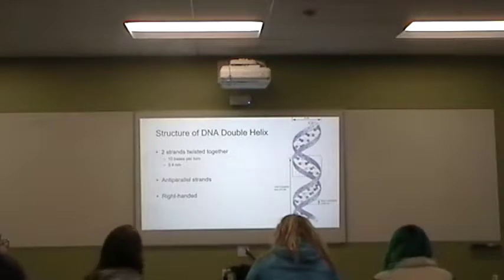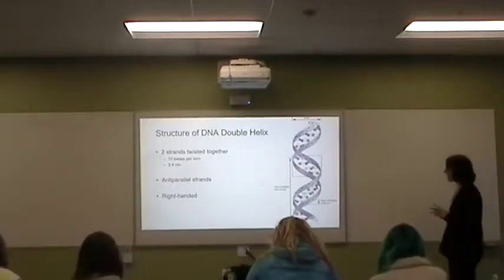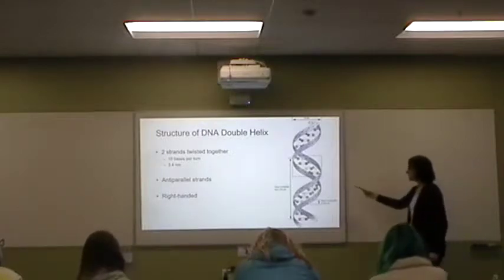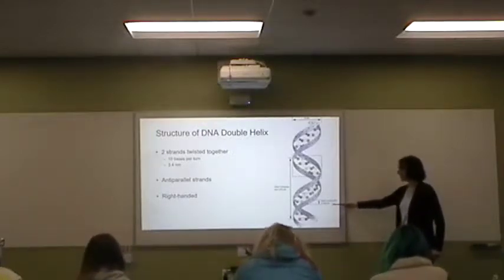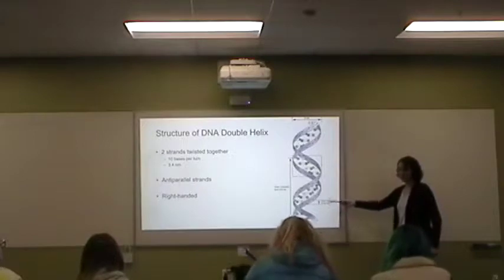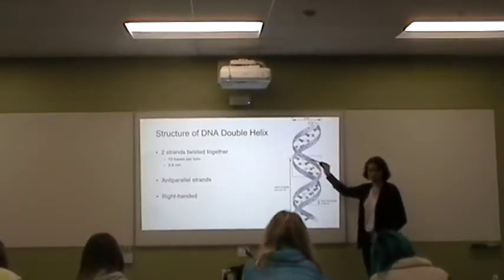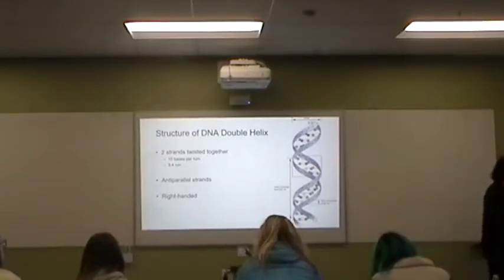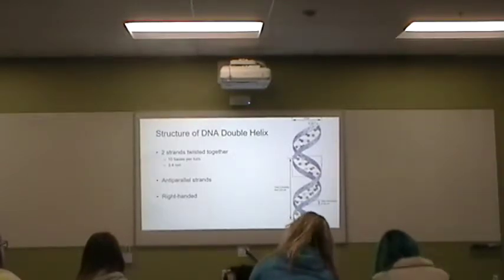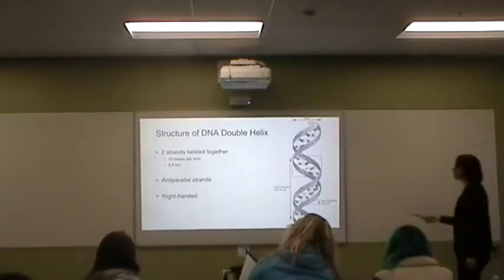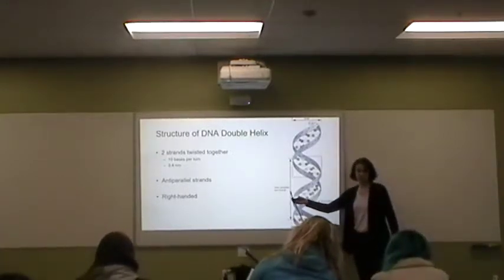I think one thing that I actually didn't talk about was spacing and sizing of the nucleotides, right? So I don't think I mentioned these numbers. In our 10 base pair 360-degree turn, that is going to have a standard length along a strand of DNA. That standard length is going to be 3.4 nanometers.